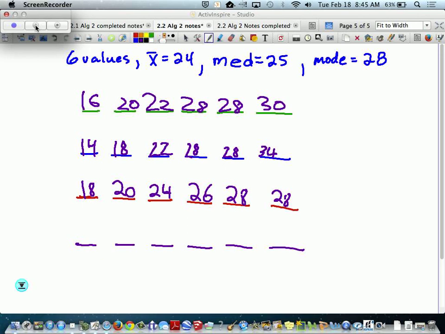Alright, so with the 3 examples we have written up here, what I need you guys to do is, if you're on that side over by the iPad cart, add these up. If you're in the middle rows, add these up, and if you're over here by the chalkboard, add these up.